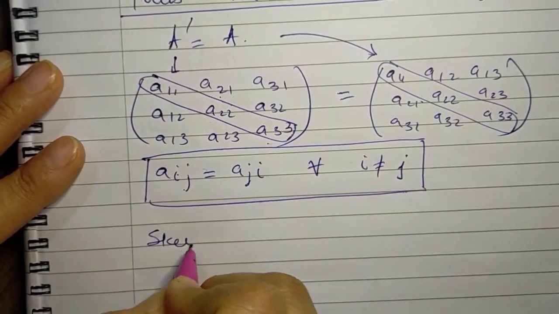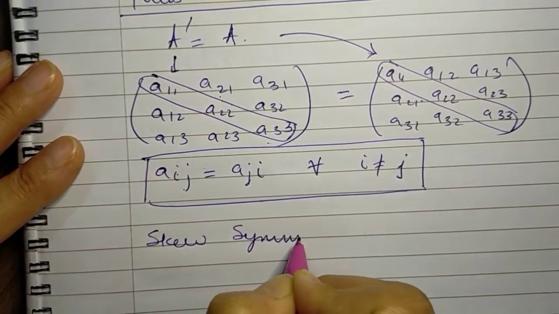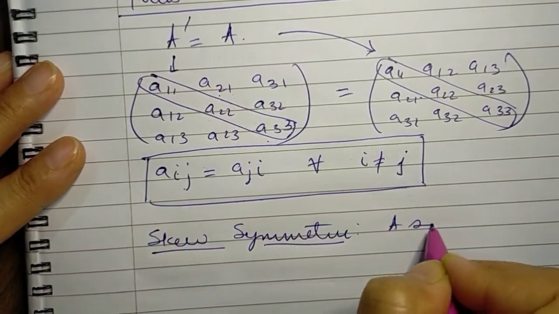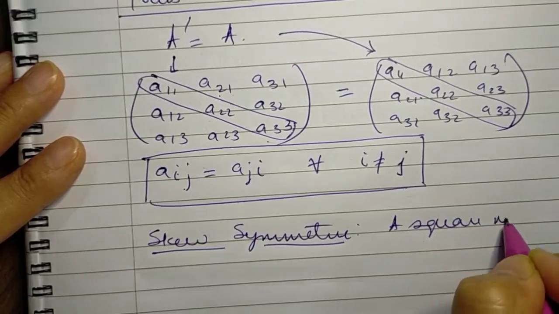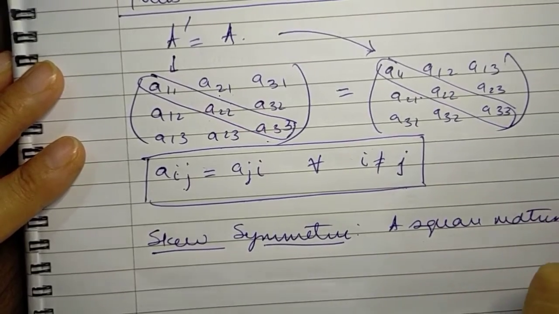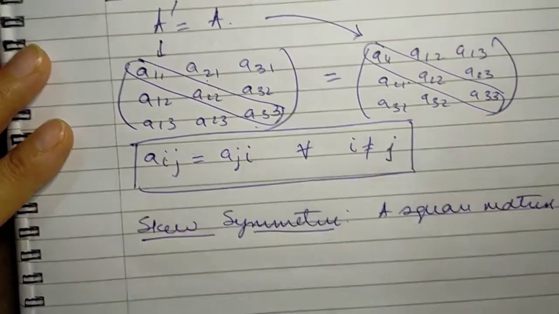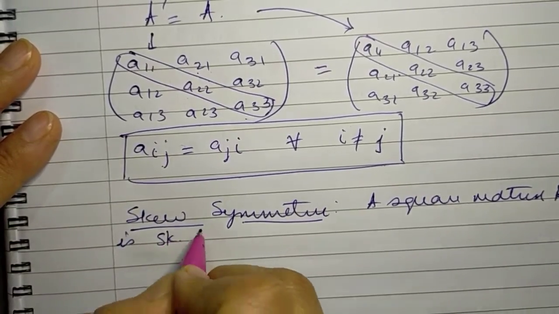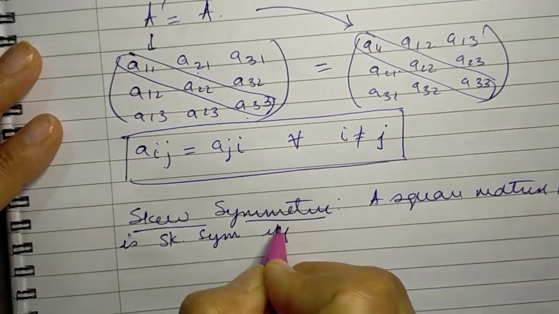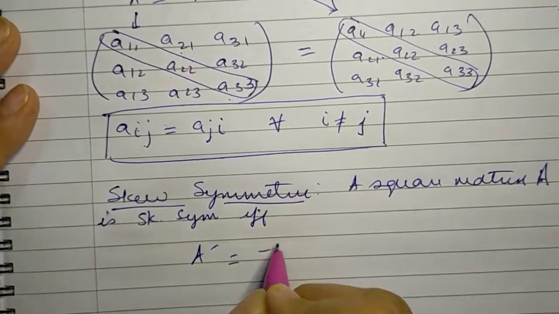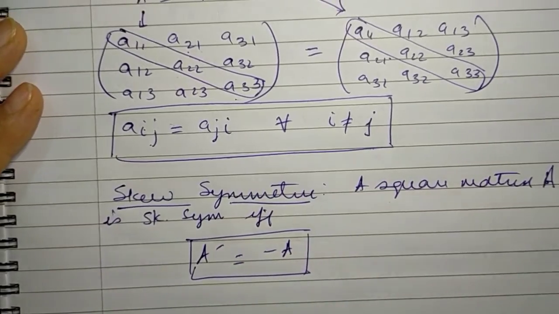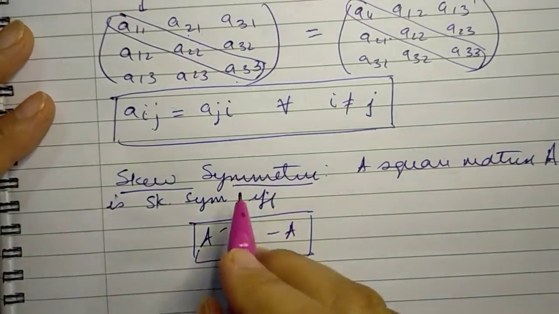Now next we consider skew symmetric. A square matrix A is said to be skew symmetric if and only if A transpose is equal to minus A. So this is the condition. Now when will A transpose be equal to minus A?